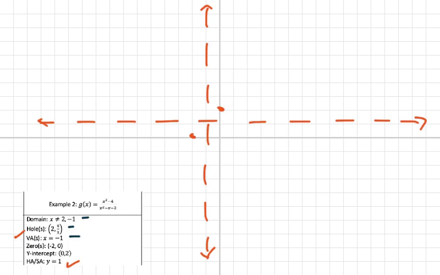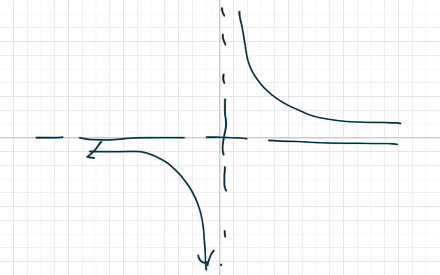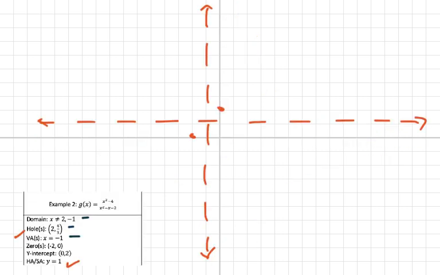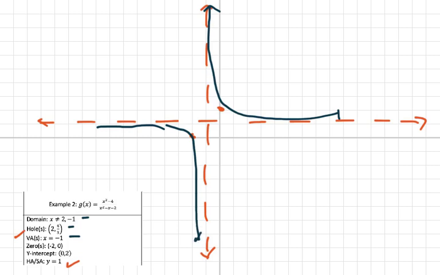And how do I know where does this loop go? Does it come in quadrant 1 or does it come down here? How do we know? All right. Well, that's where my zeros and intercepts will really help. So I see that I have a graph here, and then, whoops, the other part of my graph is right here. Okay, and so that's the basic shape.